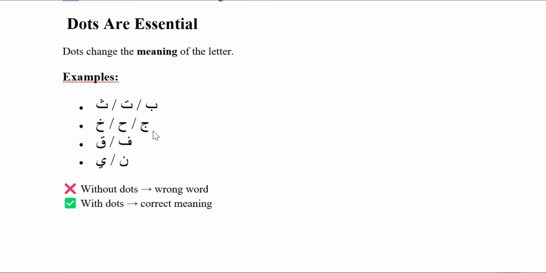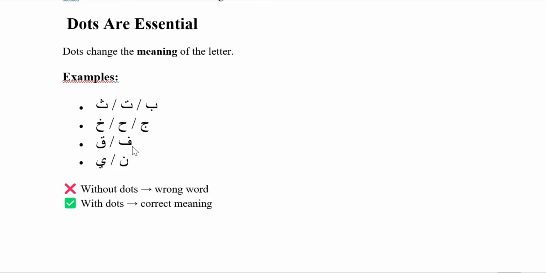And we have jim, like Jamal, and it has that shape and one dot, and ha has nothing, and we have kha, like Julio in Spanish, and it has one dot above. So it may be confusing at the beginning if you are a beginner learner. Too many dots, the same shape, but you can distinguish between them by the place of the dot, if it's below or up.